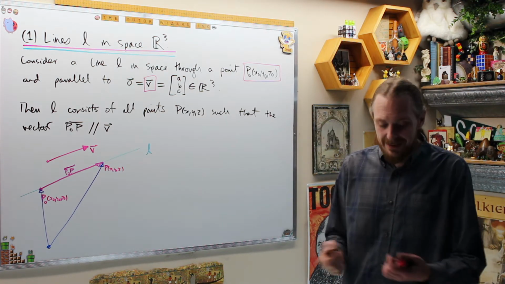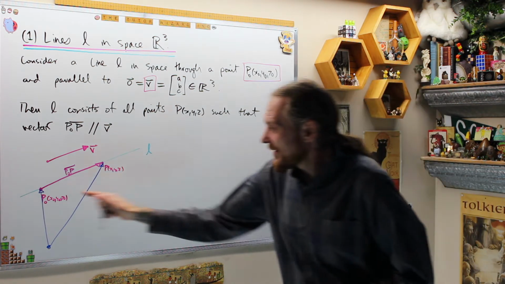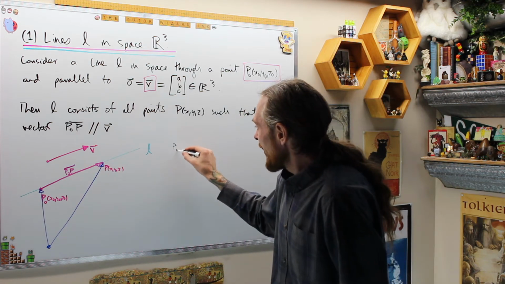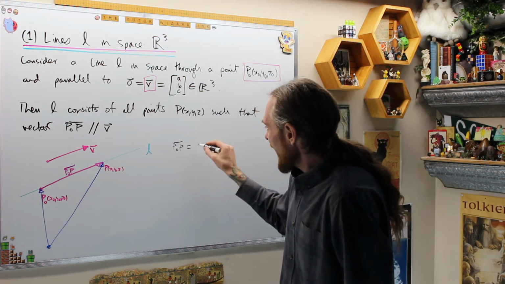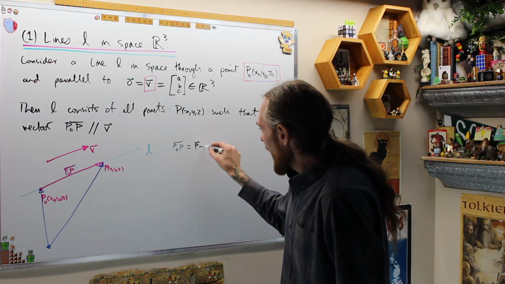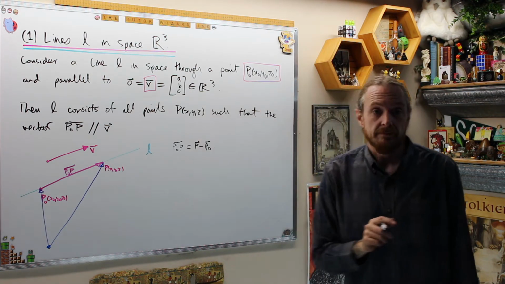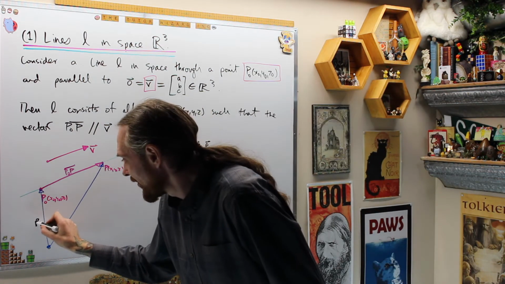What that tells us is, first of all, what are the coordinates of P naught P? P naught P, as vectors, is the vector P minus P naught. This is the vector P naught.